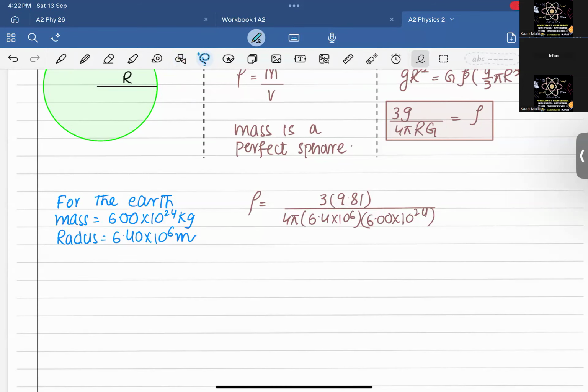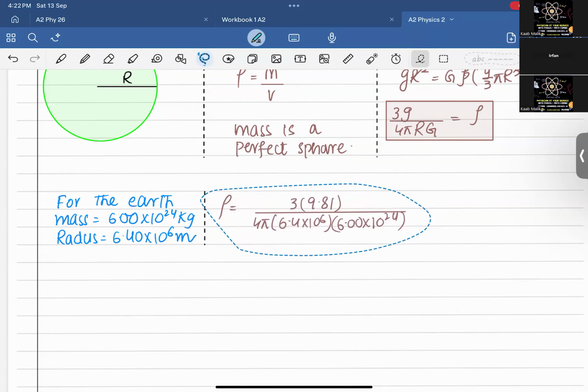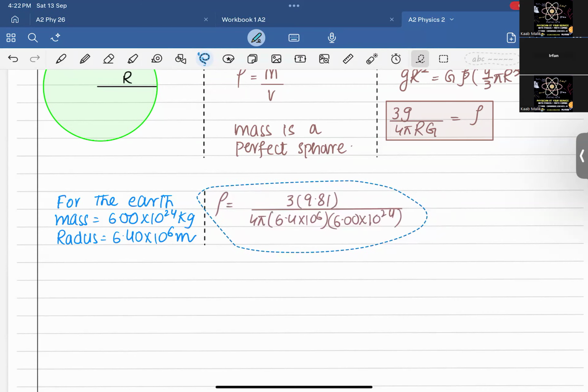Yes, what's the value you're getting? Yes, any value?